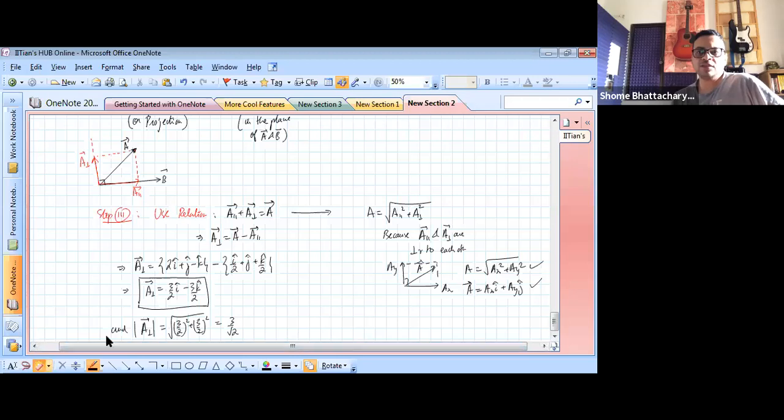So this last step you can simplify it a little. Actually, first you can take 3 by 2 common outside. So it is 3 by 2 into root 2, or you can also write it as 3 by root 2. Both are correct, no problem. Write it like this or like this.